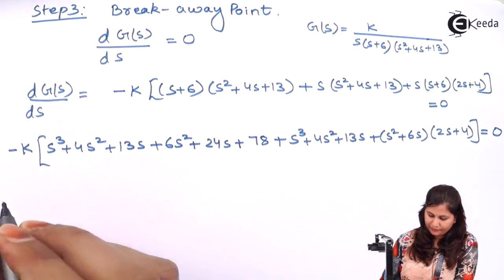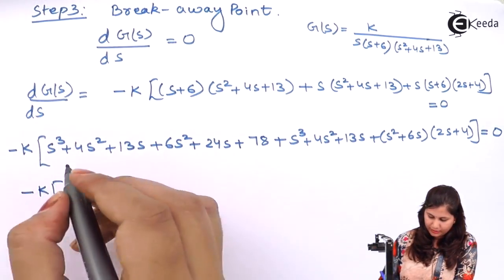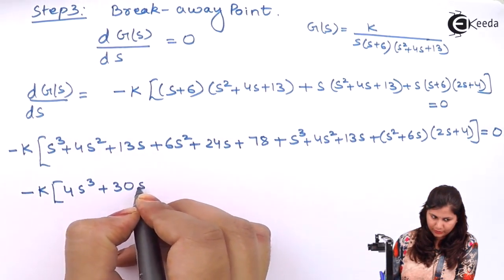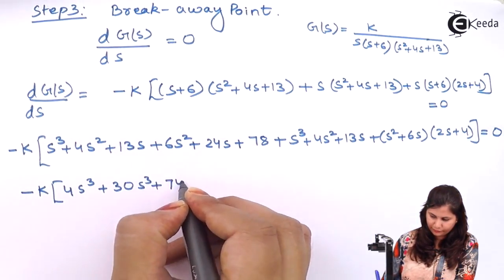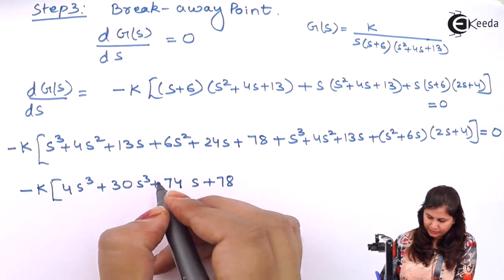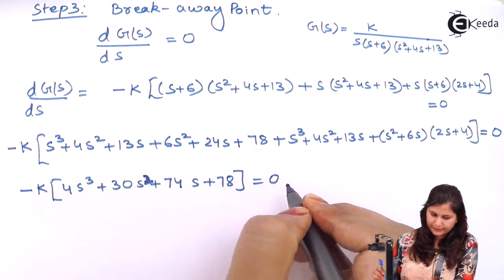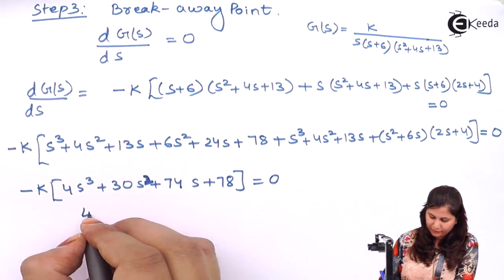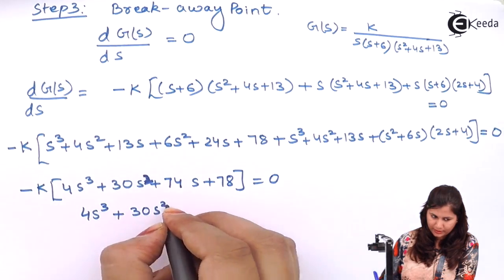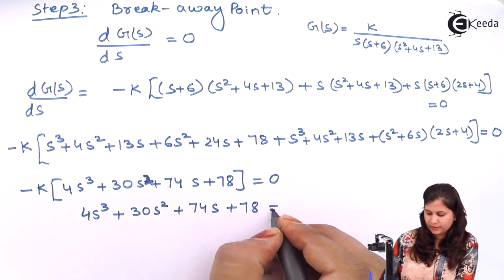Okay. Now when we solve this, we will have minus K times, 4s³ + 30s² + 74s + 78 equals 0.